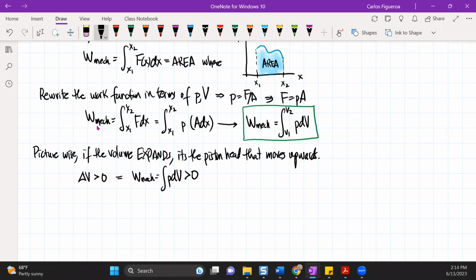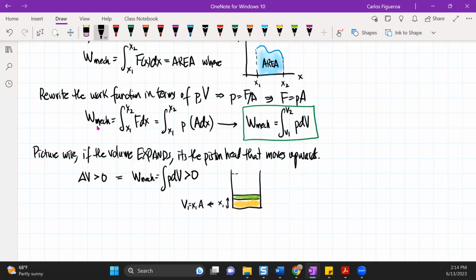So if I draw my piston, what do I mean by this? Here's my piston, and I'm imagining a piston head right here, and then here is my enclosed gas. This piston head has moved from 0 to this x1 distance. I can relate this to the volume because it's the area of the piston head times that distance.